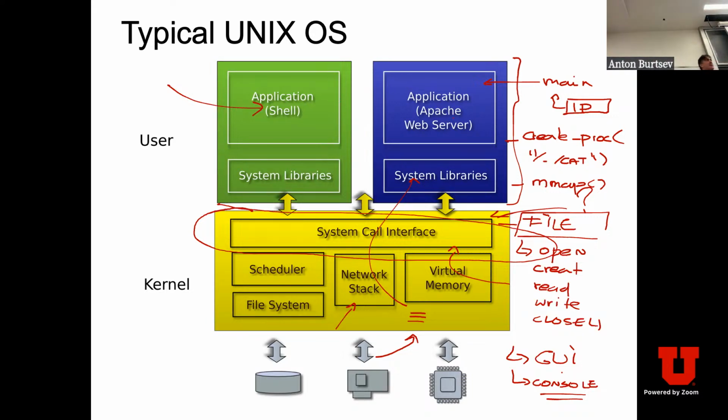There are different ecosystems, like Windows chose a different set of interfaces versus Unix, versus some exotic operating systems which run in the embedded space. If you program a car or an insulin pump, there will be an operating system which will have a slightly different interface. But at a high level, they all have those components, which we listed here on the screen.